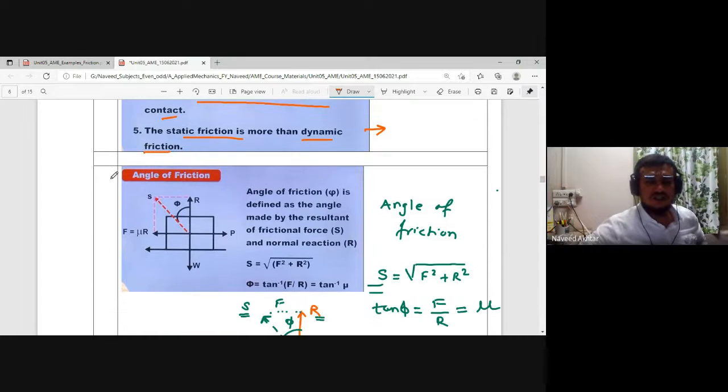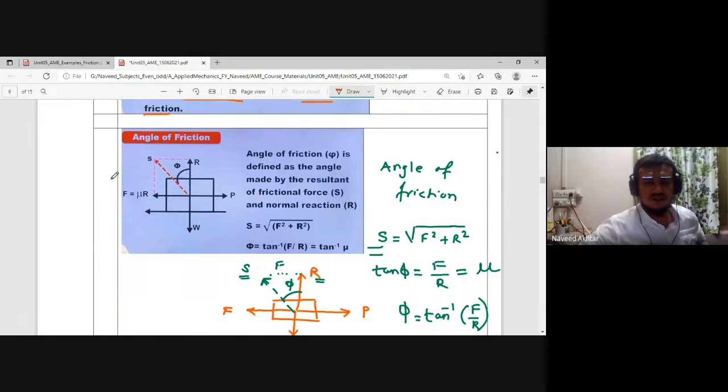Then we have also seen the angle of friction, that is the angle made by the normal reaction with the resultant of friction force, that is S. You can see here, S is the resultant of frictional force, and S is nothing but the square root of F square plus R square, where F is the frictional force and R is the normal force.